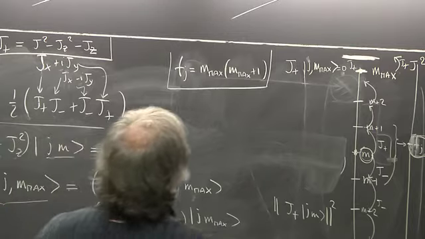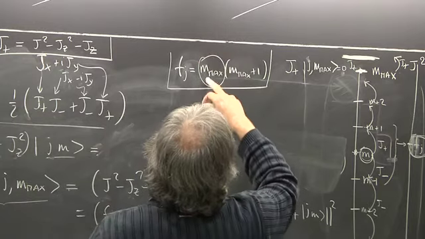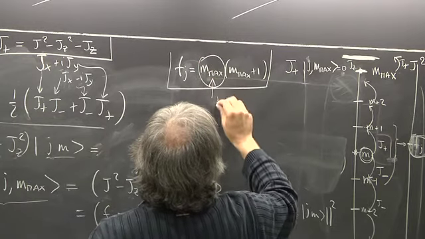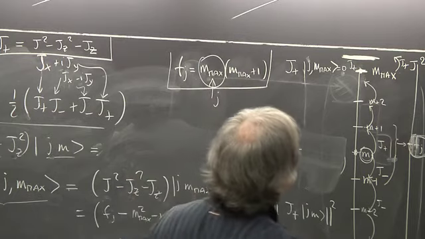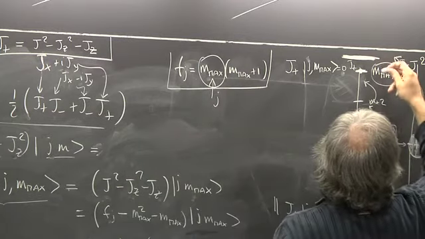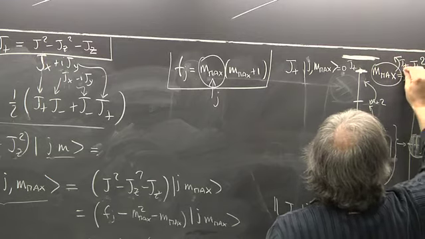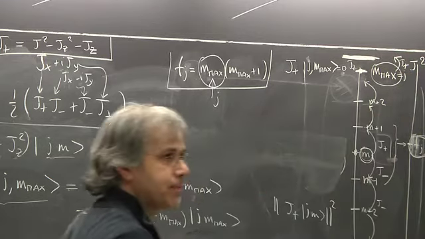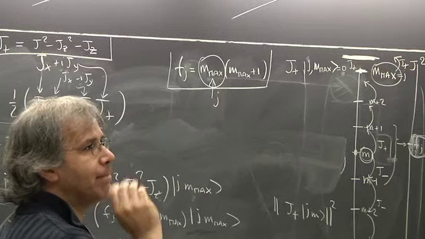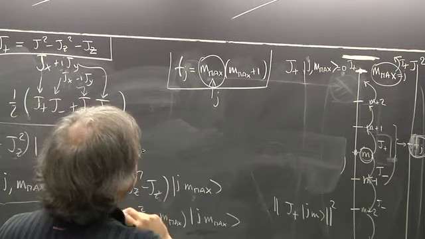Because after all, I now want to give this object a name. I call it j. So this famous object here, the largest integer that I get, I give it the name j. It's the maximum possible m that I can get. Let me call it j.